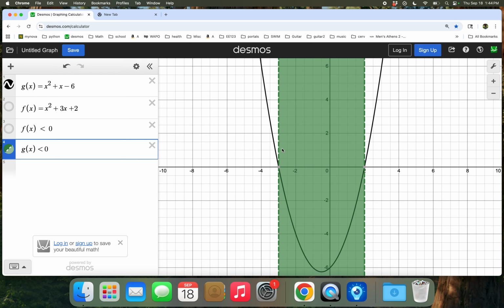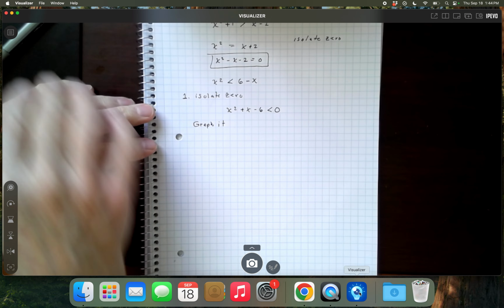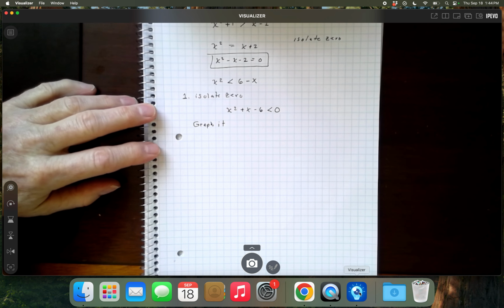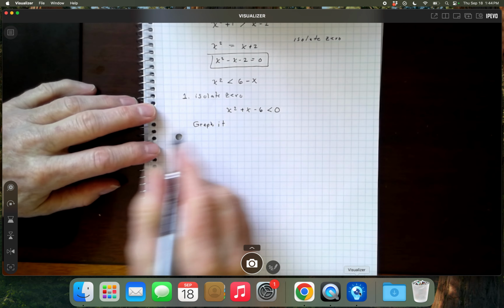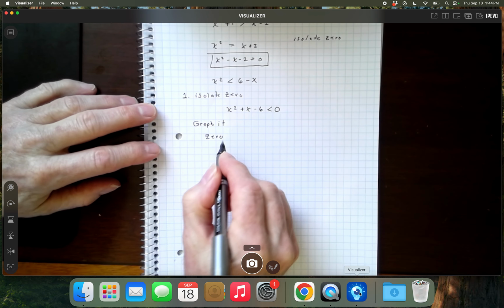Okay, now let's go back and show you how we are going to solve inequalities. To do that, we have to give you a very important definition. The book doesn't give this definition until chapter 4, but we're going to introduce it now. It is called a zero. What do we mean by zero?